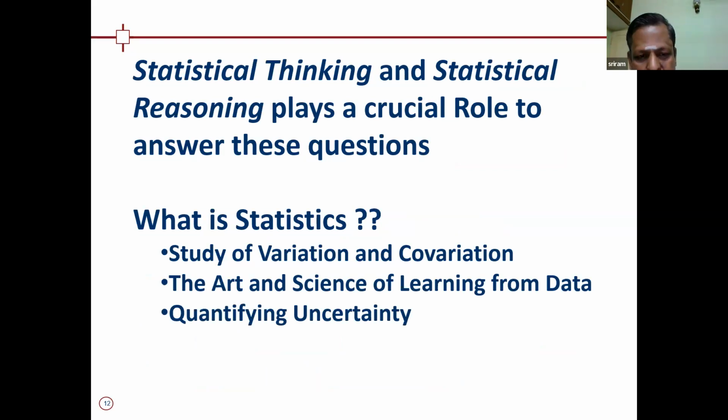Then what is statistics? What I define is the study of variation and covariation, the art and science of learning from data, quantifying uncertainty. If there is no variation and uncertainty in your research, then there is no need for statistics.